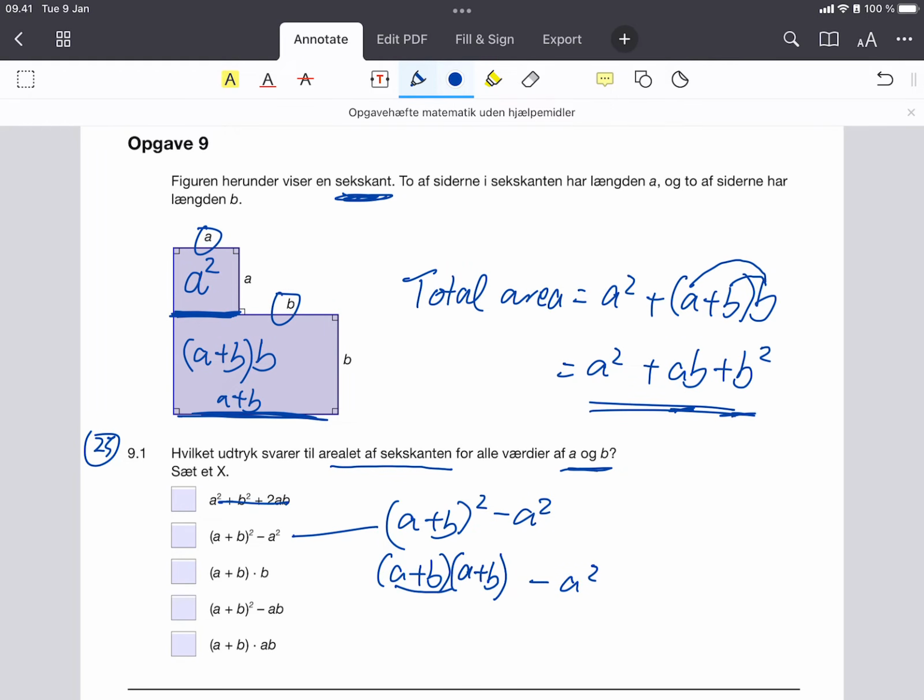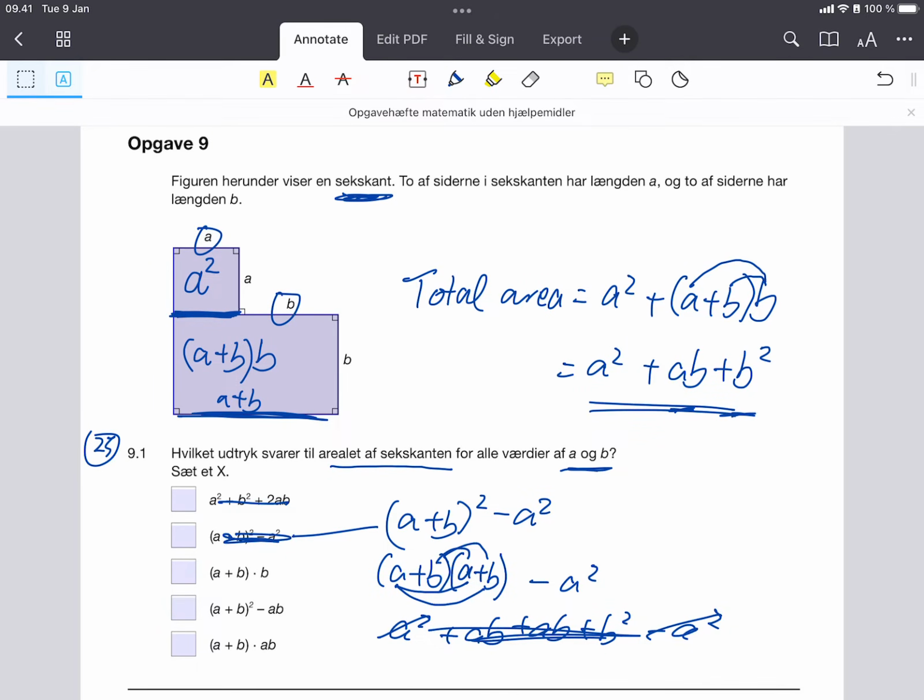So that would be a times a is a squared, a times b is ab, b times a is ab, b times b is b squared, and then minus a squared on the end. The a squareds are going to cancel out, so that one's not going to be the same, so it's not that one.